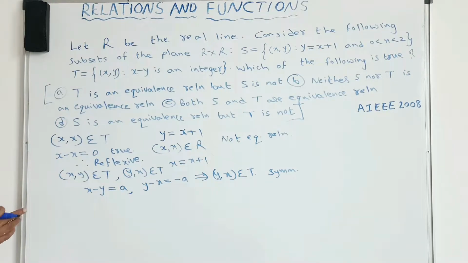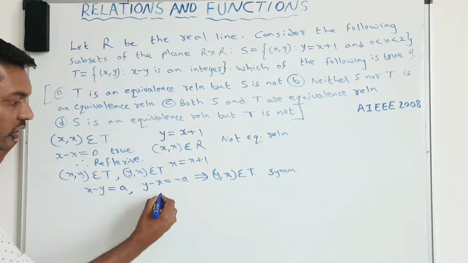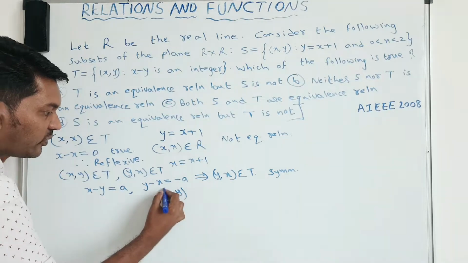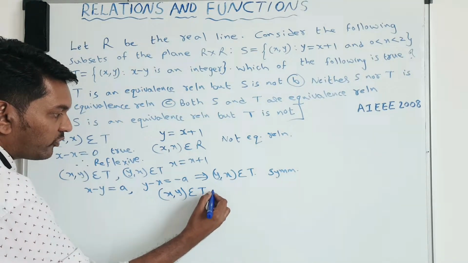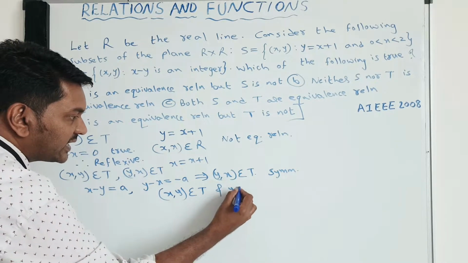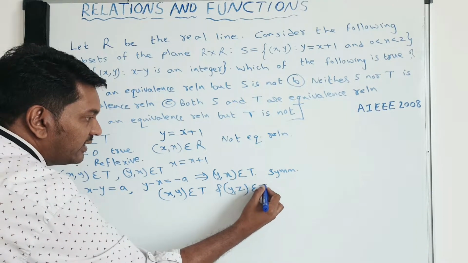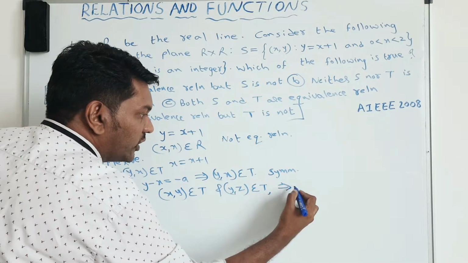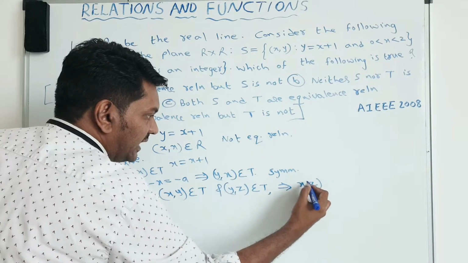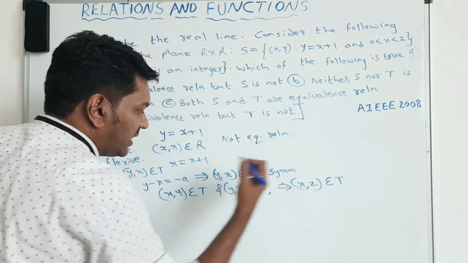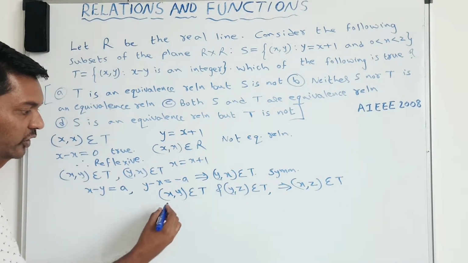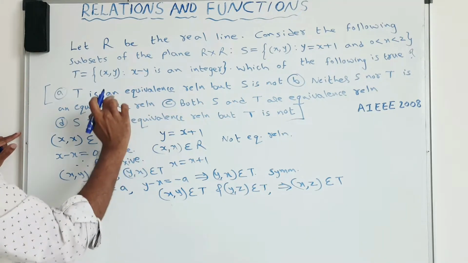Now I need to check whether it is transitive. Now we got that the relation T is reflexive and symmetric. Now I am checking whether it is transitive or not. For being transitive, x comma y should be an element of T and y comma z is an element of T. Then this should imply x comma z is an element of T. If x comma y is an element of T, x minus y is an integer.